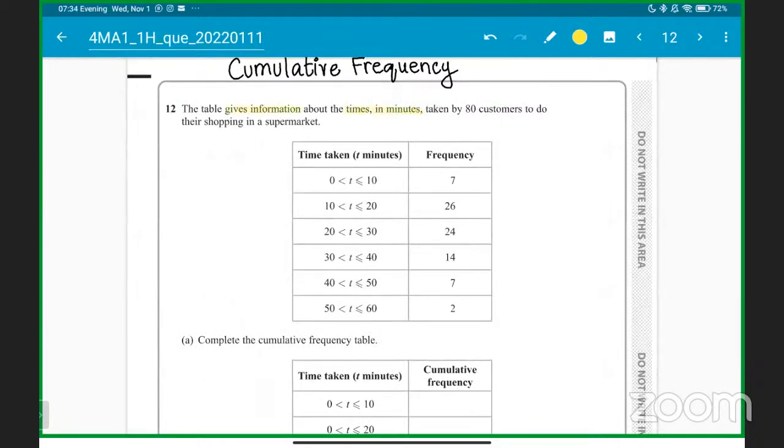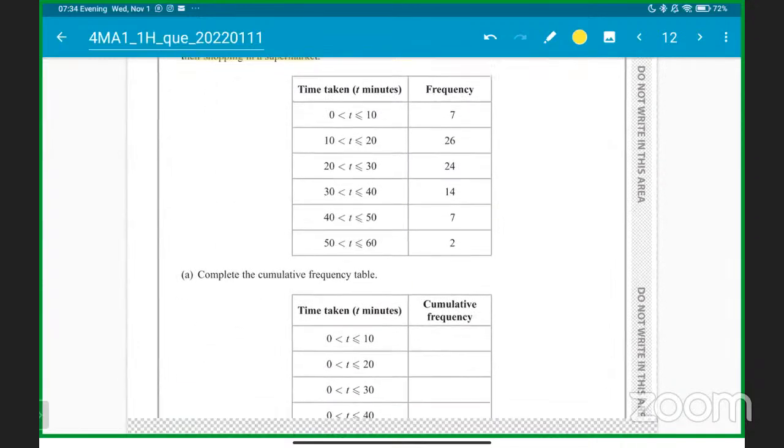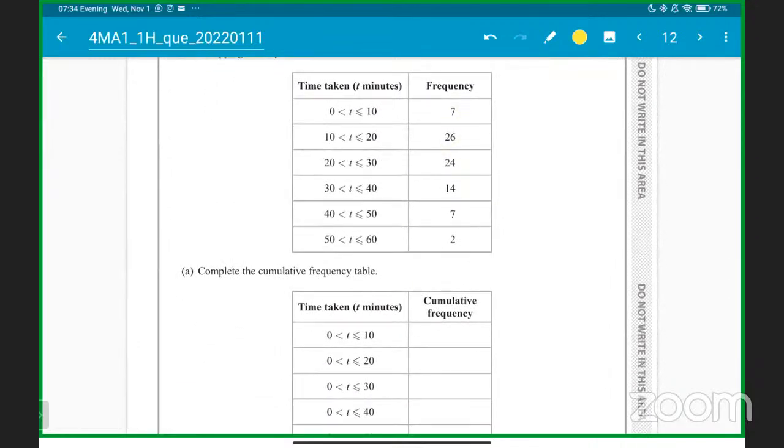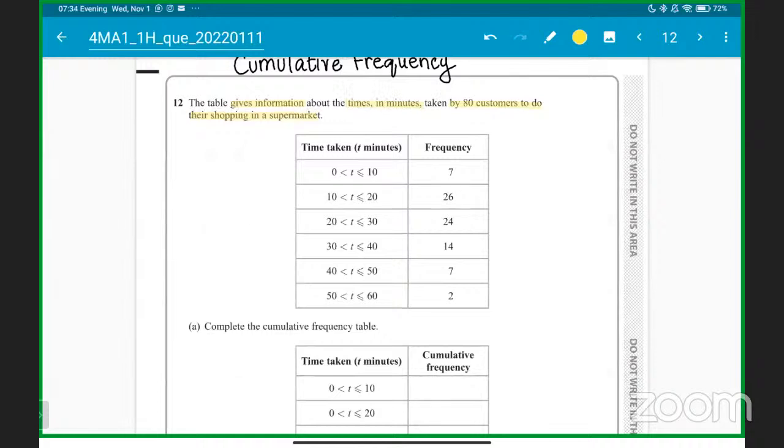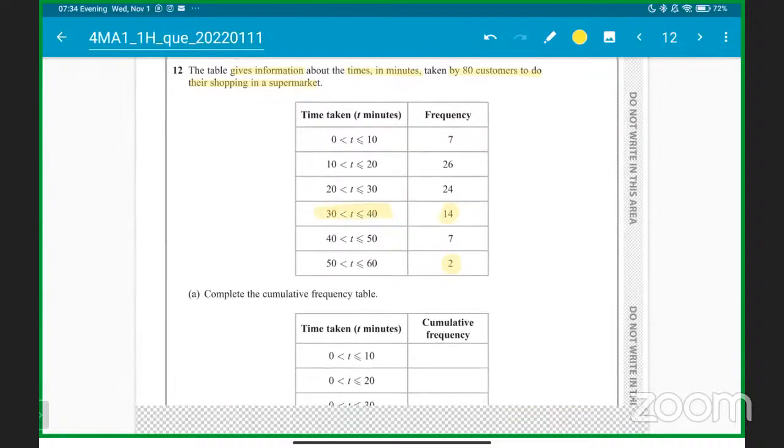The table gives information about the time in minutes taken by 80 customers to do their shopping in a supermarket. There are 2 customers who took between 50 and 60 minutes, where 50 is not inclusive while 60 is inclusive. 14 customers took between 30 and 40 minutes.